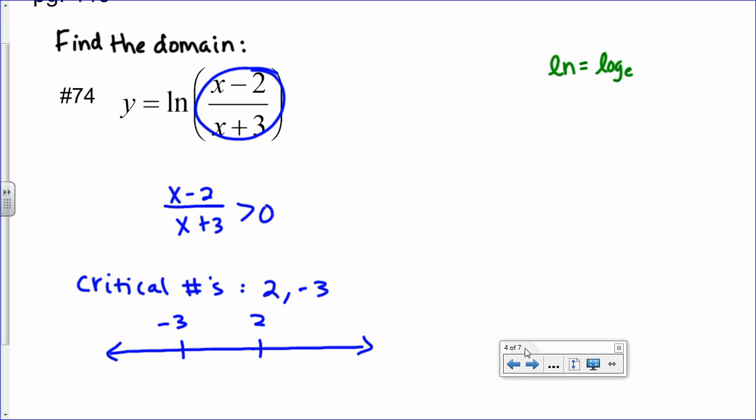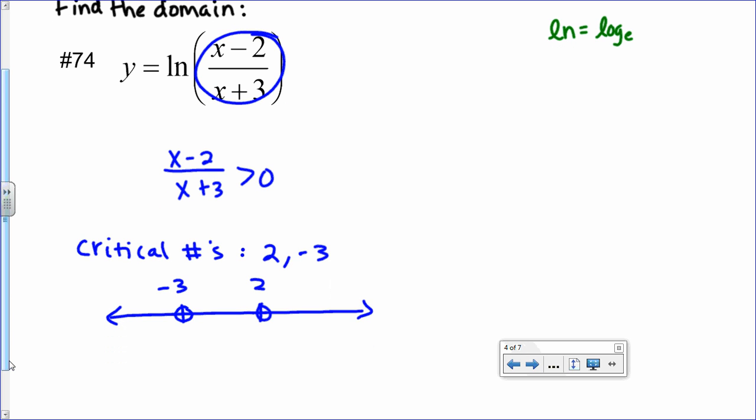Open circles again. Okay, what's the number I can plug in left of negative 3? Negative 4. What about between negative 3 and 2? 0. Okay, what about right of 2?